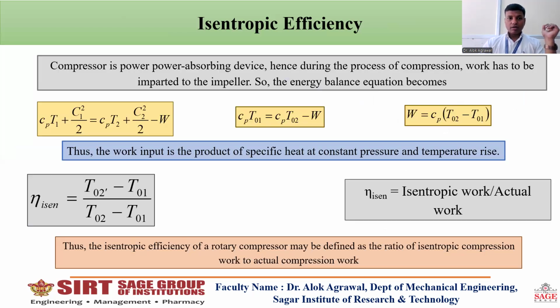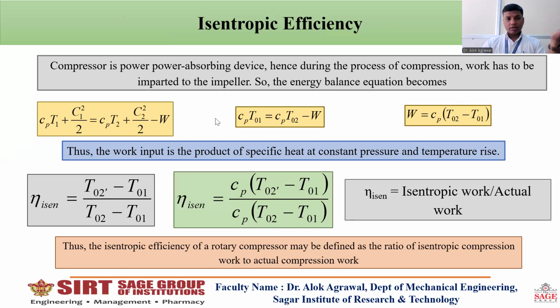Now see what is happening here. I have already discussed that the compressor is a power absorbing device. Hence, during the process of compression, work has to be imparted to the impeller. So we'll talk about the energy balance equation and how to include the work part in it. This is the initial energy and this is the final energy, and the work done should be subtracted to balance this equation.